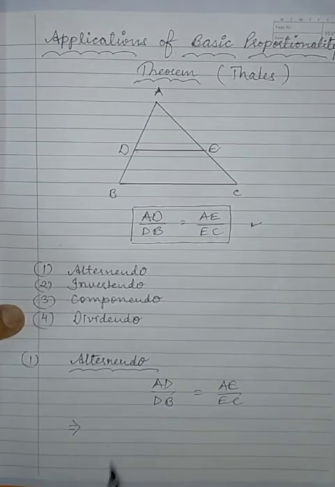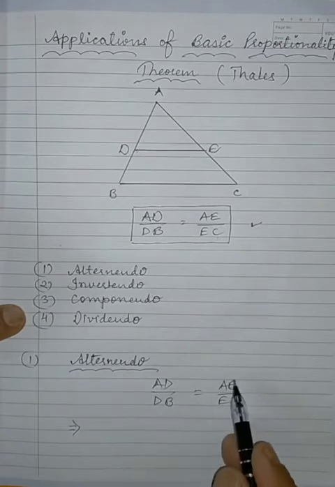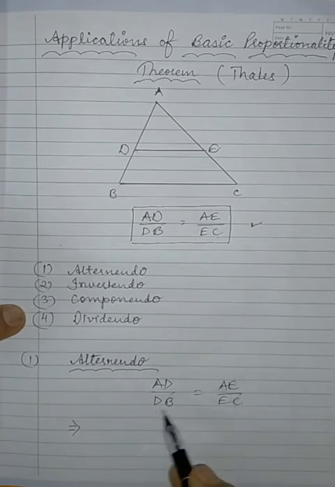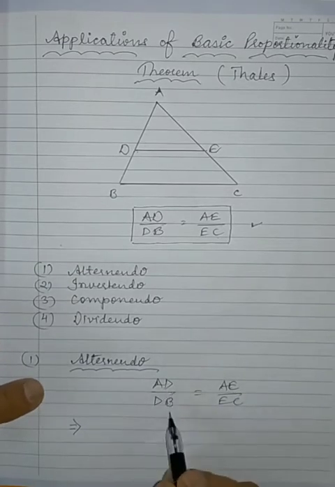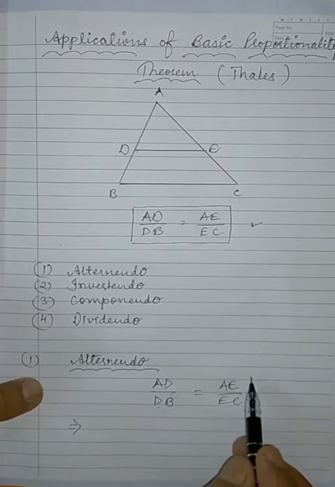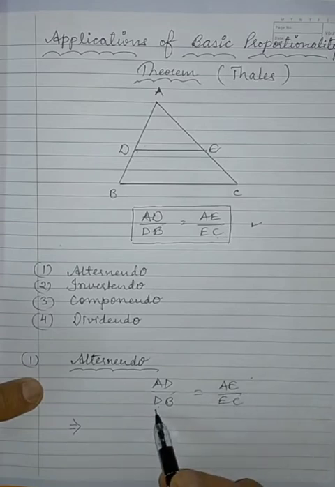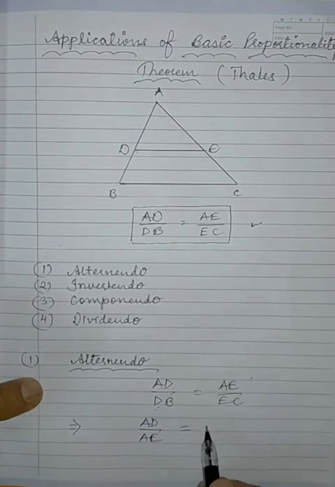Now we can shift the relation from numerator to denominator or denominator to numerator as per our need. Like, I can write this relation AD upon DB is equal to AE upon EC by interchanging DB here and AE here. So in this way it becomes AD upon AE is equal to DB upon EC.